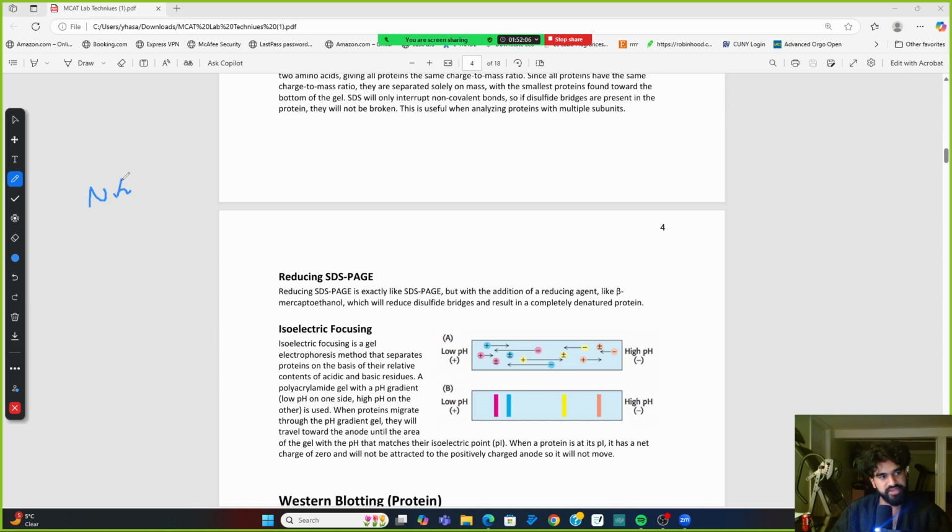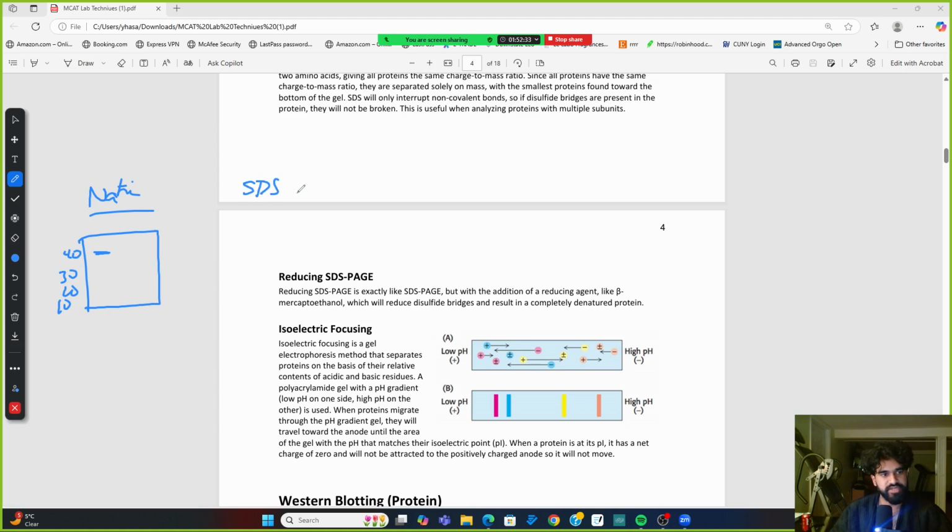Here is the native page of a protein. 10, 20, 30, 40. All right. Okay.